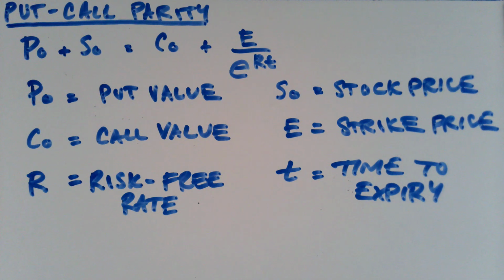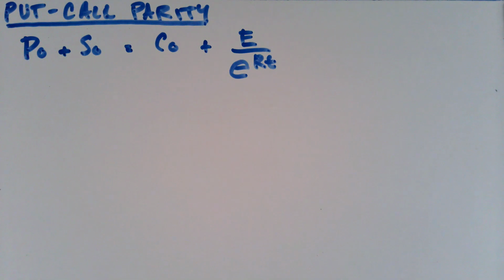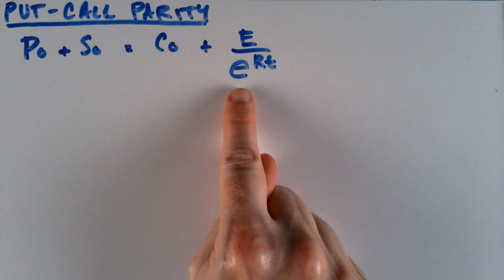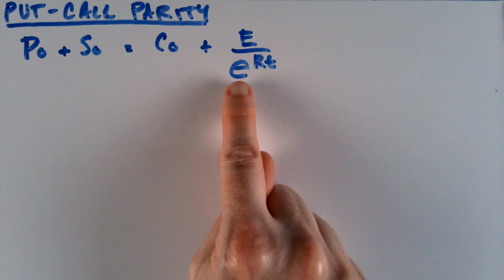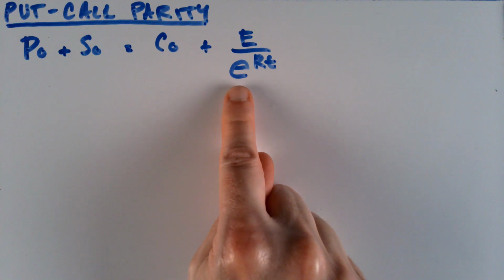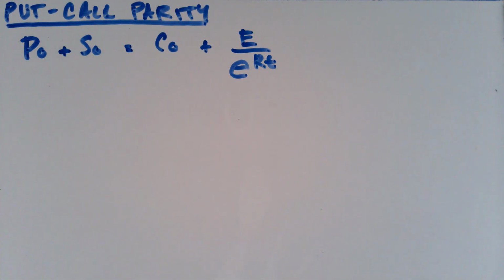Okay, now that we have all of those things identified, let's see what we can do with this formula. Before we start messing around here too much, I want to explain what this is. This is the exponential. And the reason the exponential shows up here is that our formula assumes continuous compounding.